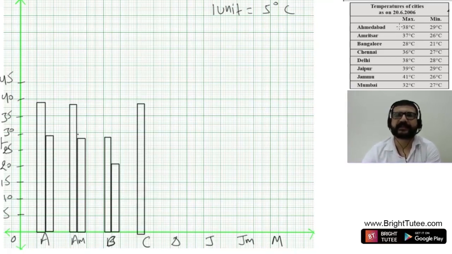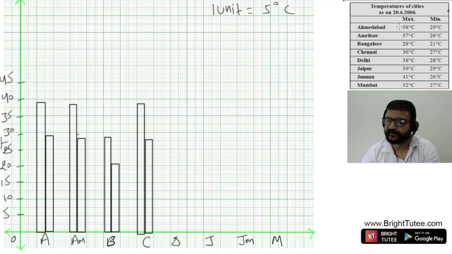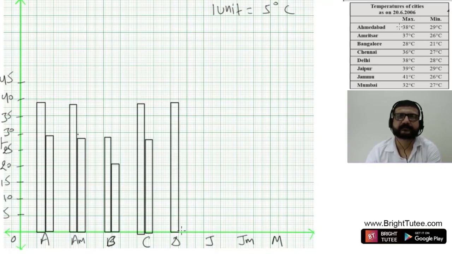And the minimum is 27. So it will be like this. And then for Delhi, the maximum is 38 and the minimum is 28. So for the maximum, we will get a bar like this. And for minimum, which is 28, it will be like this.